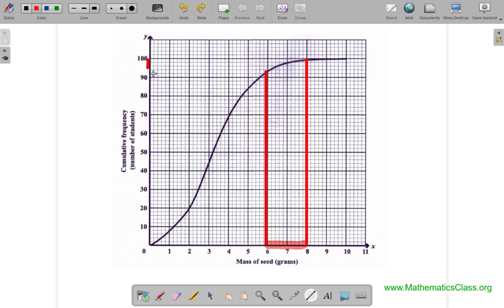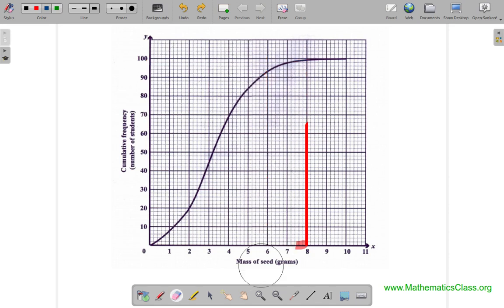Each small square represents 2, because here you have 90, 92, 94, 96, 98, 100. So if you go from close to 100 coming down, it's about 6. This little difference here, this height, is about 6. That's what they mean.